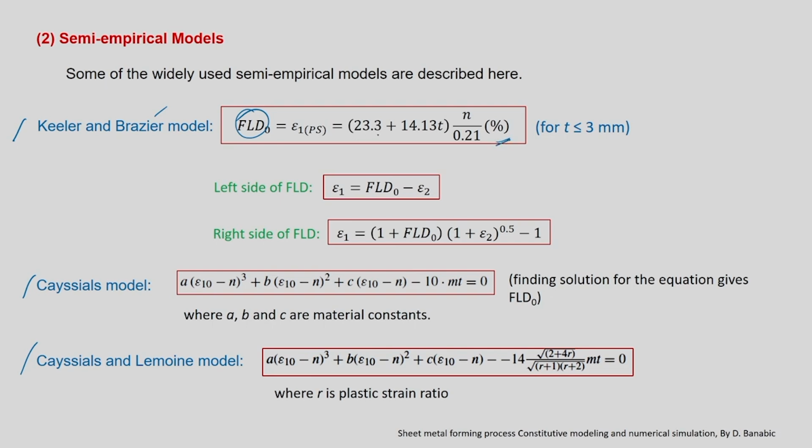The equation is 23.3 plus 14.13 into T, whole into n by 0.21, where T is the standard thickness of the sheet and n is the strain hardening exponent.